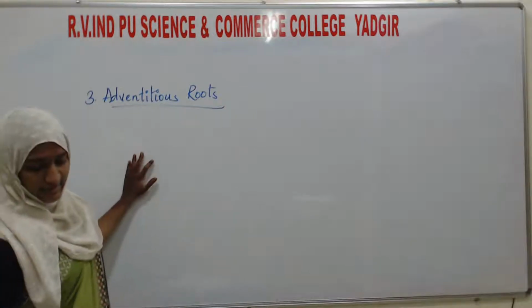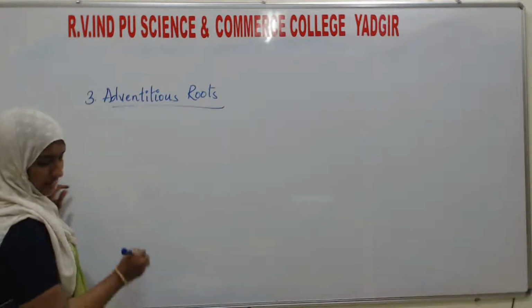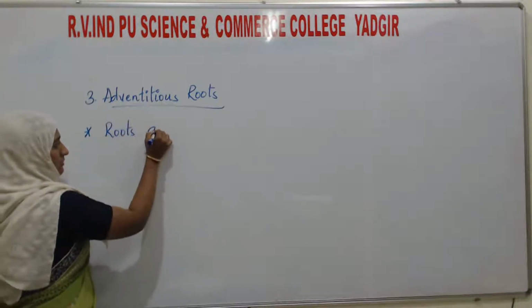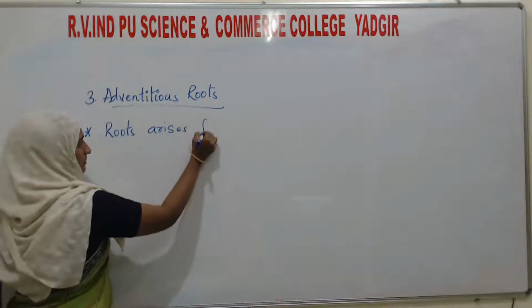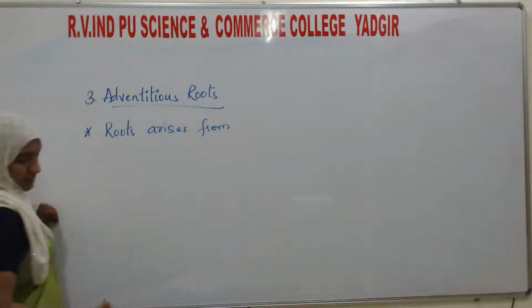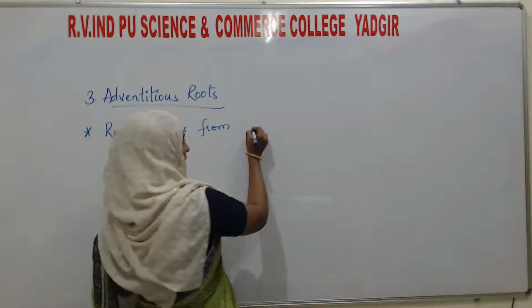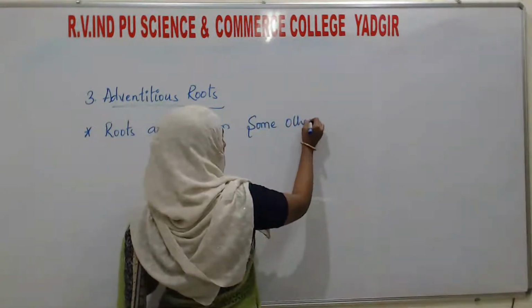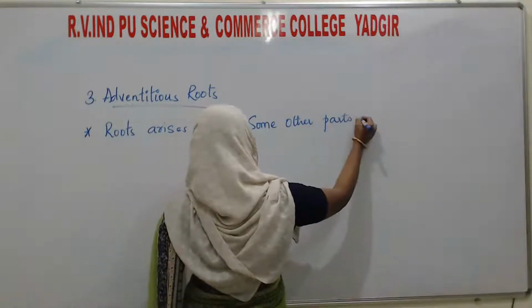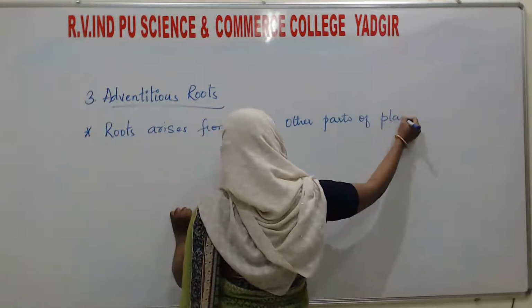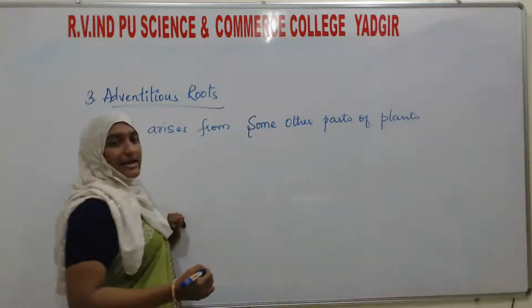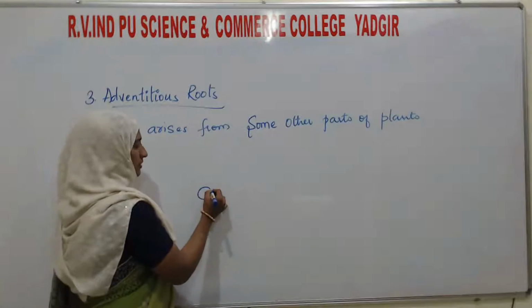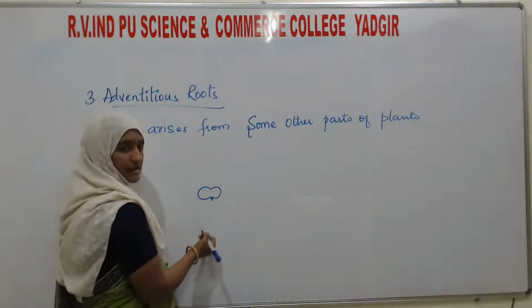Okay, in this type the roots arise from some other parts of the plant, not from the radical. Okay, the taproot system and the fibrous root system will arise from a radical.